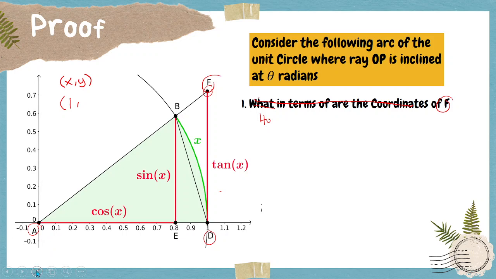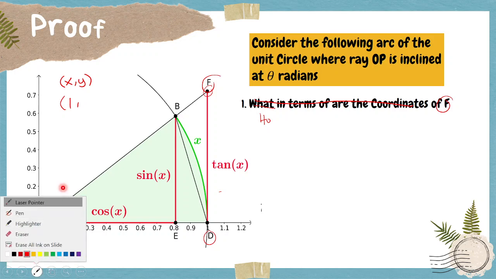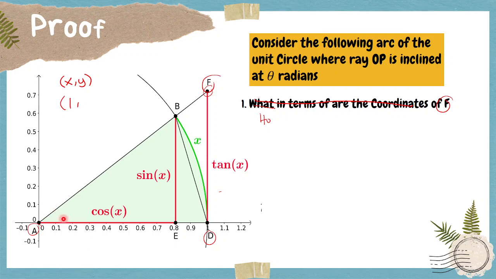So, why are we going to use tangent x? Remember that this arc is inclined to our angle. So, if we get the ratio between the opposite and the adjacent, we are going to get the angle using tangent x.